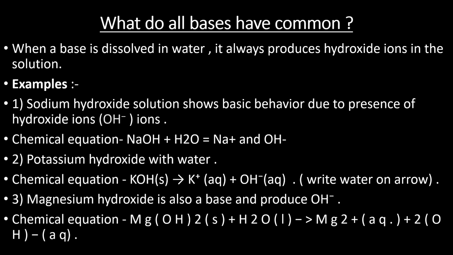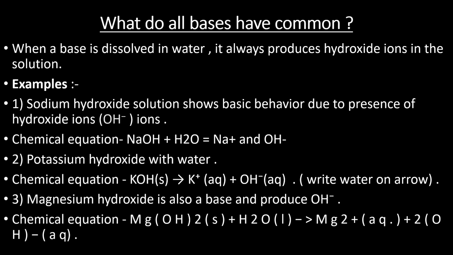Now, there are a large number of bases. One thing is common in them. What is that thing? What do all bases have in common? When a base is dissolved in water, it always produces hydroxide ions in the solution. Means when a base is dissolved in water, then it splits into two parts or two ions, and one ion will be hydroxide ion or OH.